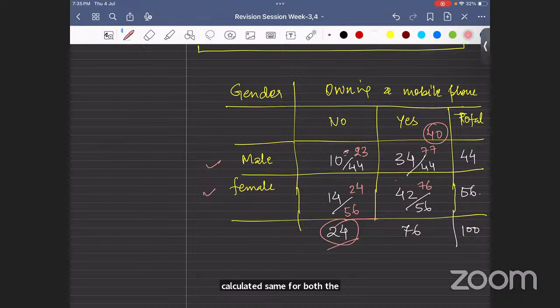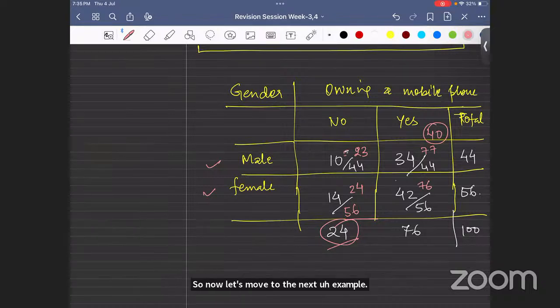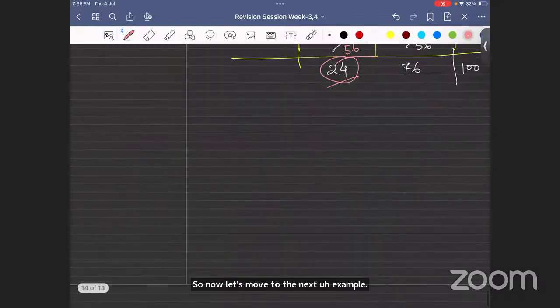Okay, so now let's move to the next example. Similarly, there are some examples, I guess, that have been discussed in the lecture regarding income. There can be two different categorical variables like the income. Apart from gender, we can discuss with the help of the income level also.